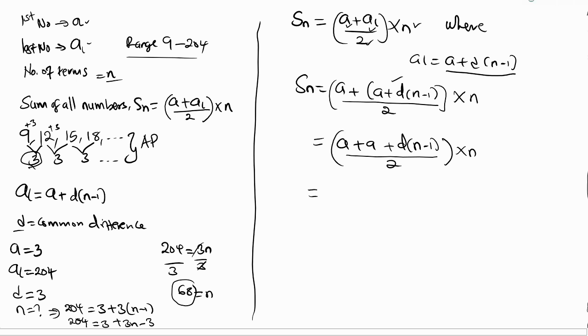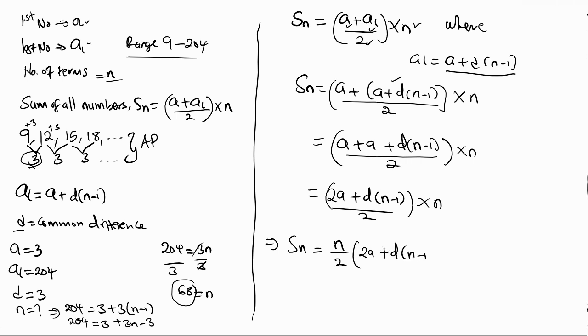And simplifying further, we have 2a plus d into n minus 1 over 2 times n, and this can be written as Sn equals n divided by 2 into 2a plus d into n minus 1.